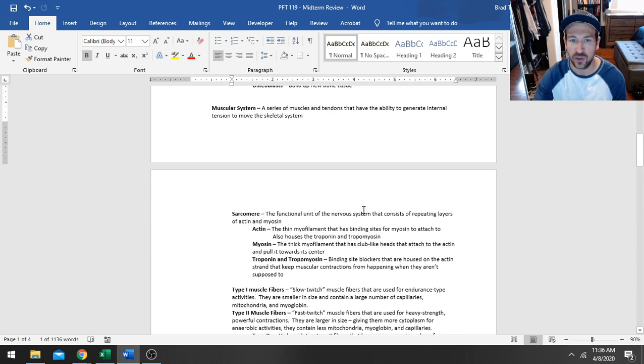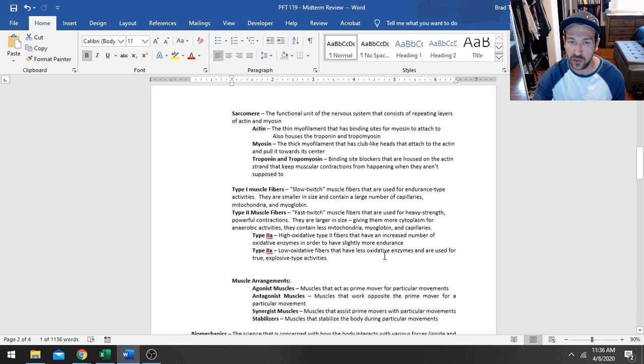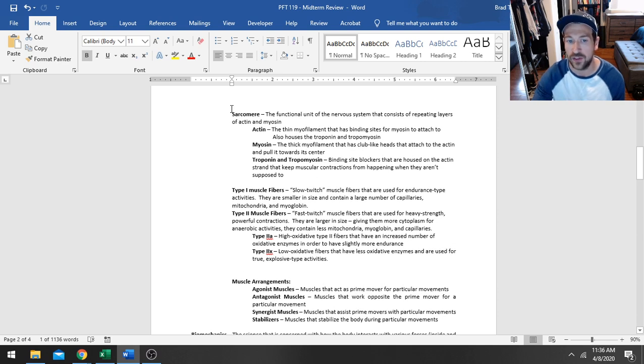Then you're going to have your muscular system, right? This is what's going to manipulate our body around. Your muscular system is a series of muscles and tendons that have the ability to generate internal tension, and that is what allows you to actually move your skeletal system, right? The functional unit of your muscular system is what we call the sarcomere.